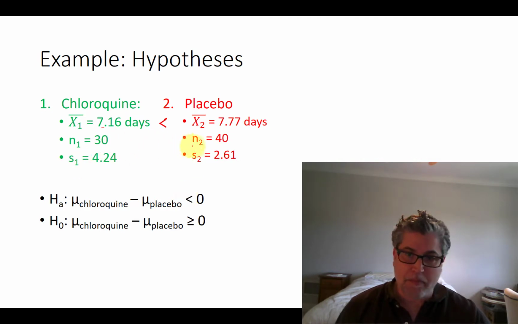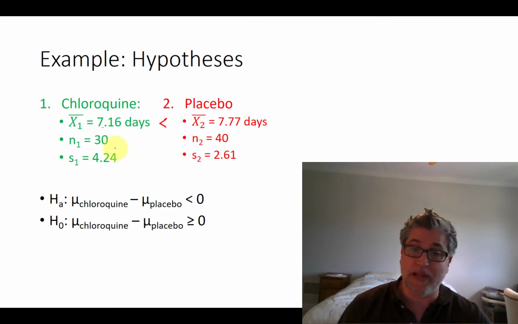Now, maybe we were short on chloroquine pills, so we could only give enough for 30 people. We could give sugar pills to more people. So we got slightly different sample sizes. We also have different variances. It's not unreasonable to think that if you give people medicine, even if it works, you're introducing a whole new level of uncertainty.